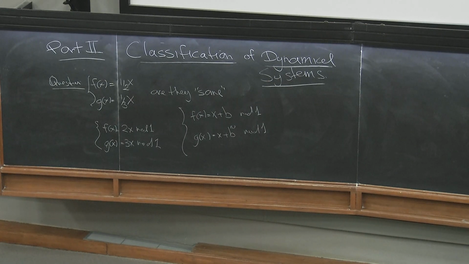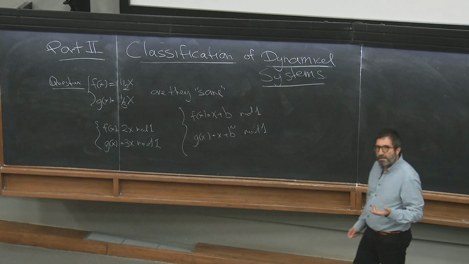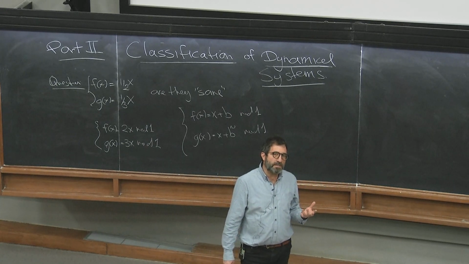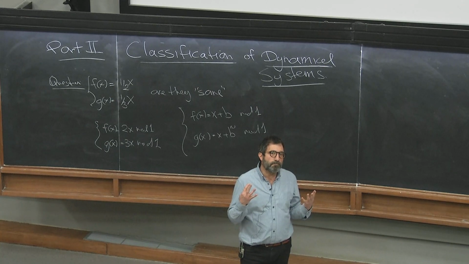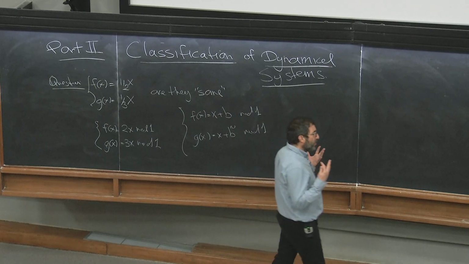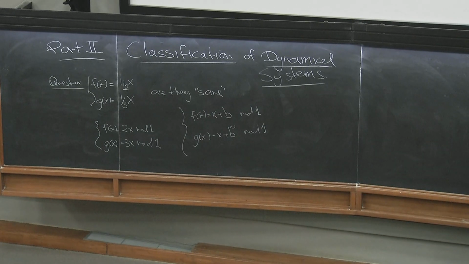What about other objects in mathematics? For example, if you think about metric spaces or topological spaces, is there a notion of what it means for two topological spaces to be the same? Homeomorphism. Exactly. So a homeomorphism between topological spaces defines an equivalence relation in the space of all topological spaces.